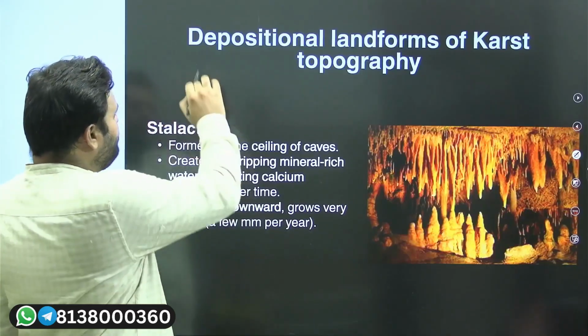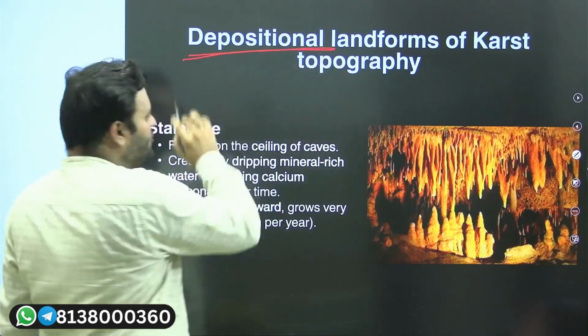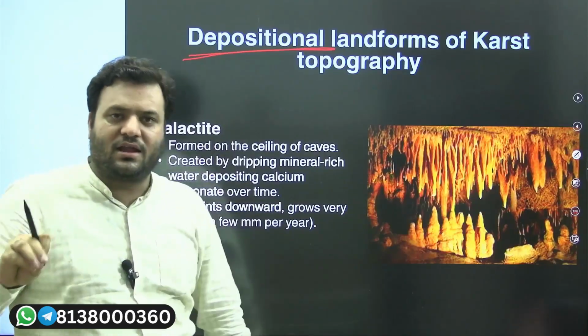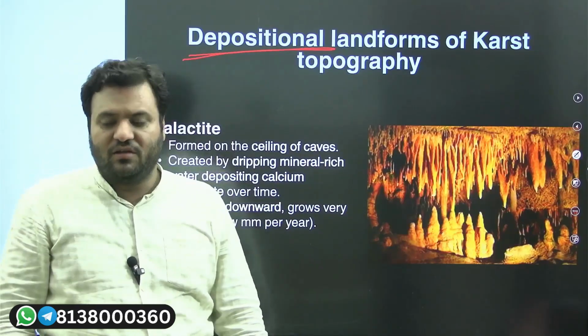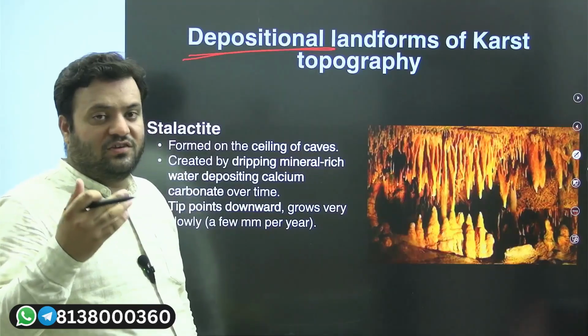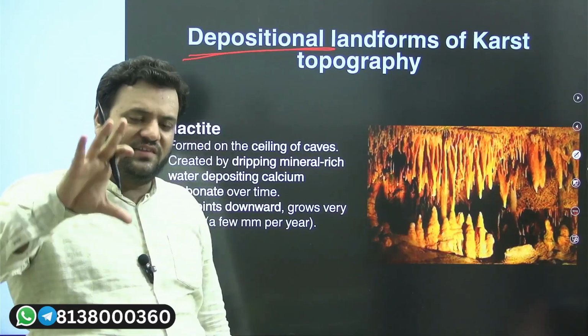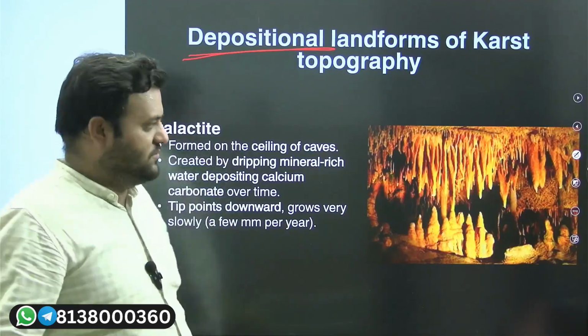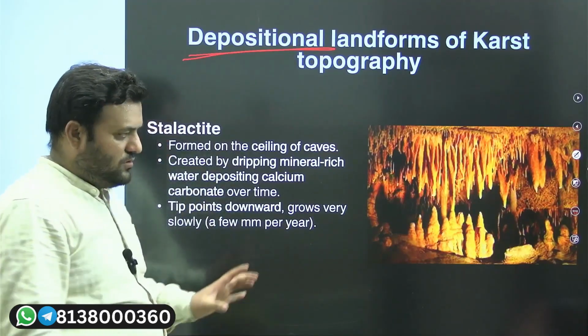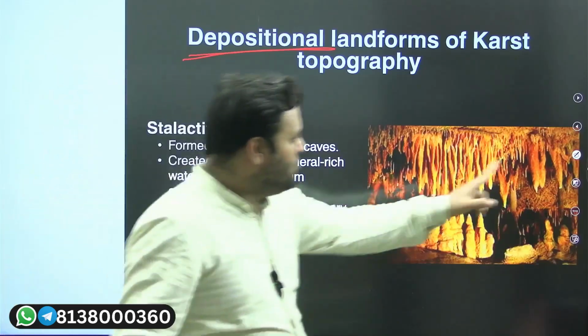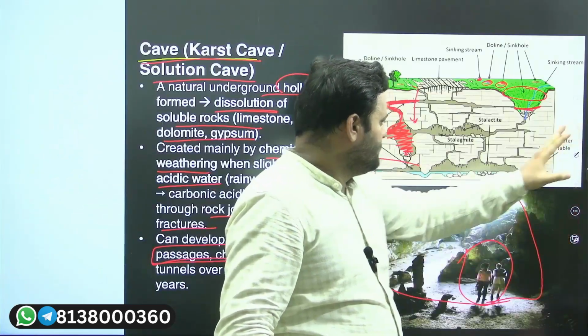Then we have a depositional landform: as a result of the action of groundwater, as a result of the action of water itself, what topographical features would be there, especially underground. So deposition action. Here, I hope there is clarity.